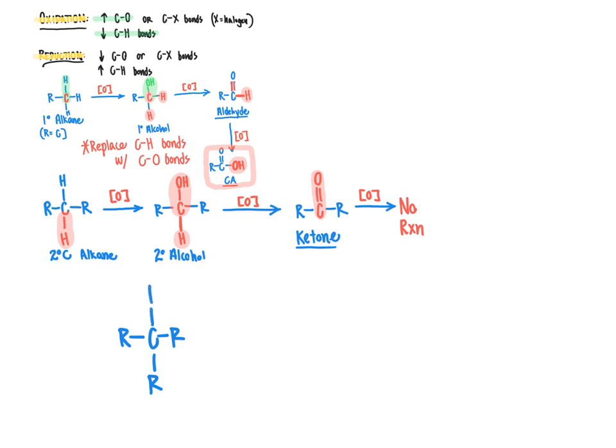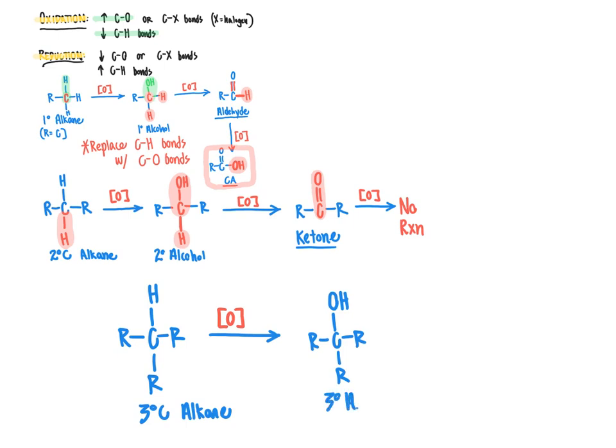In a tertiary carbon, we have just one bond to hydrogen and three bonds to carbon, hence tertiary. In our tertiary alkane, we can go ahead and oxidize that. Remember that the trick with oxidation is to always convert carbon-hydrogen bonds to carbon-oxygen bonds. So we can convert our tertiary alkane starting material into a tertiary alcohol product through oxidation.